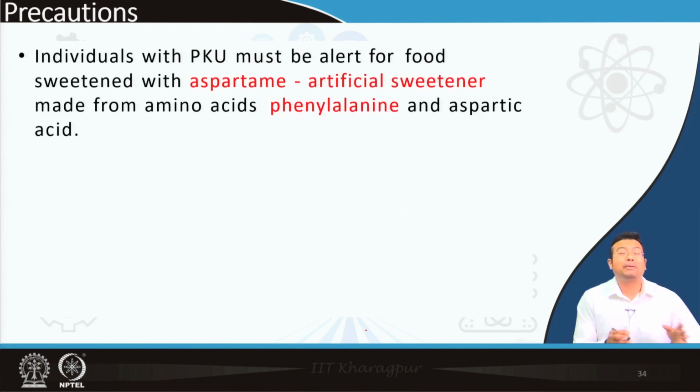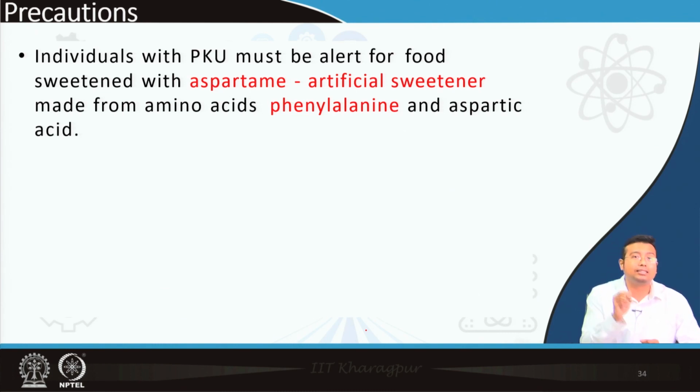So, what are the precautions if we diagnose a case of phenylketonuria and the patient has grown into adulthood? There are ways by which it can be managed. We should always ask them to avoid artificial sweeteners, you know, sugar free, Natura, all those brand names that are available in India, and multiple other brand names available in other countries.